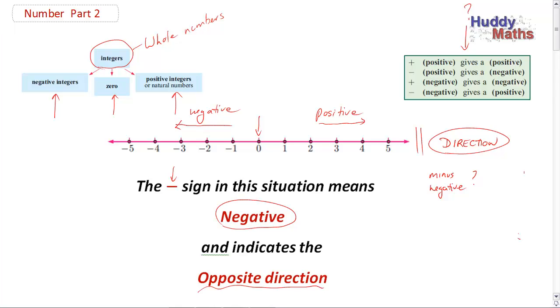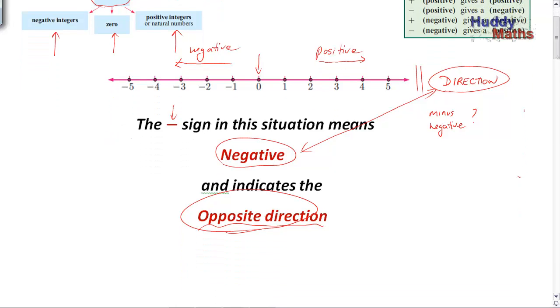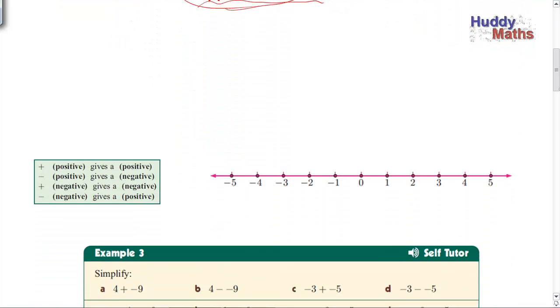But negative indicates opposite direction here. So whenever you see that negative sign in maths, you'll see it on calculators as well, it indicates you're going to change direction there. All right, so do you get that idea? Because we want to build up an understanding of what comes about as a result of that.